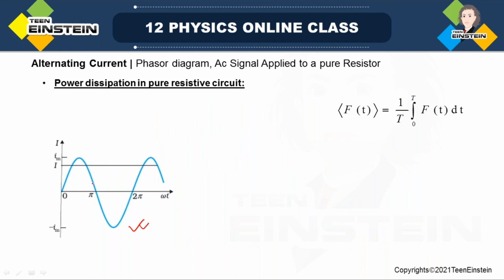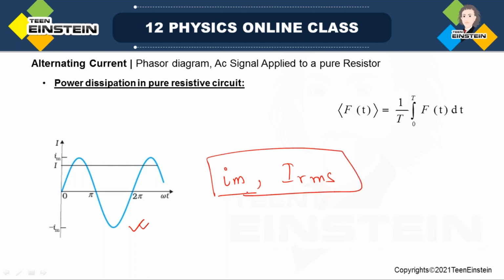Here in this graph, Im is actually the amplitude of this curve, and capital I is the RMS current. In this graph it is represented how they are related.